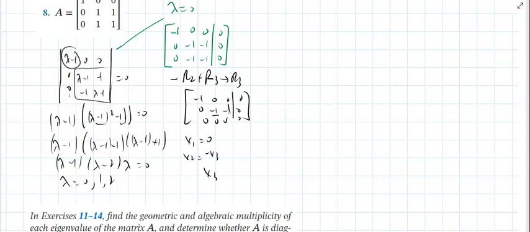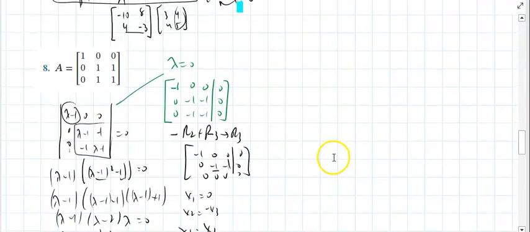So for lambda equals 0, I'm getting 0, negative 1, 1.